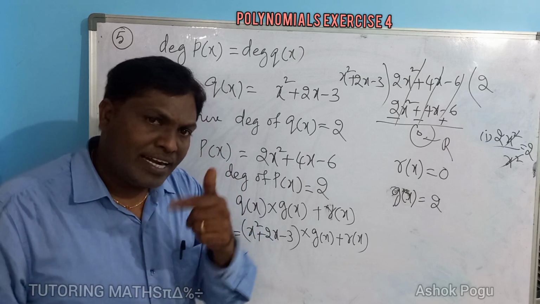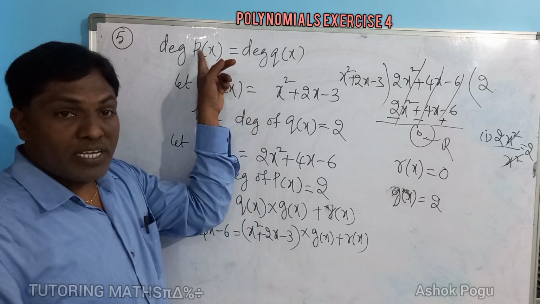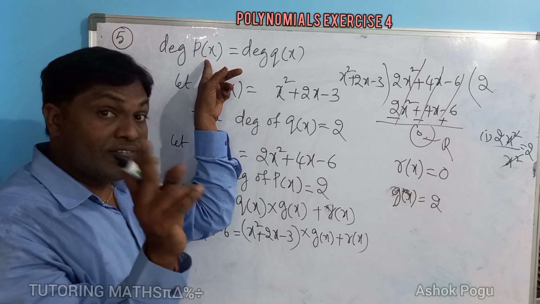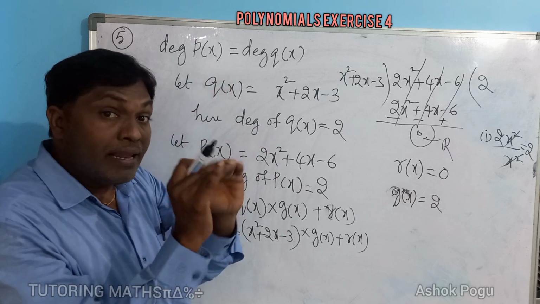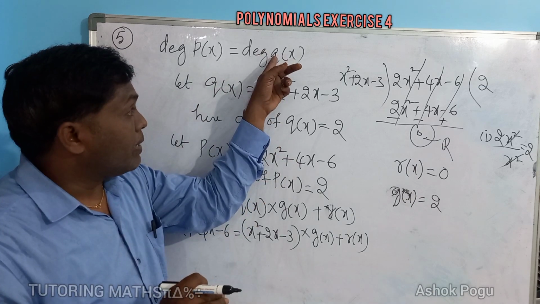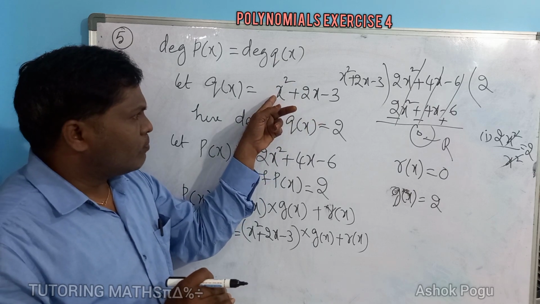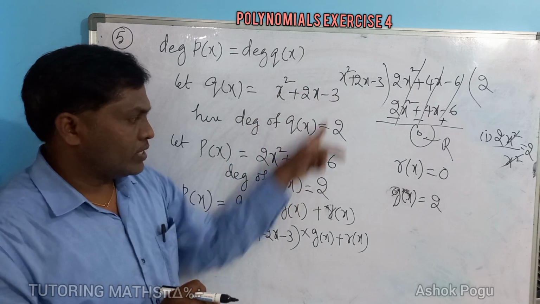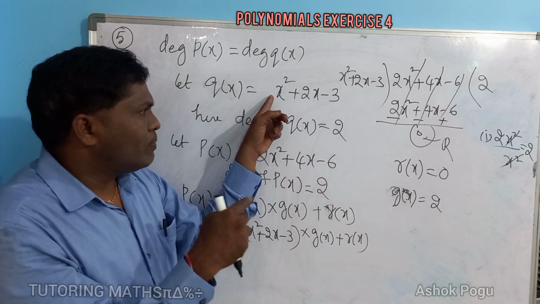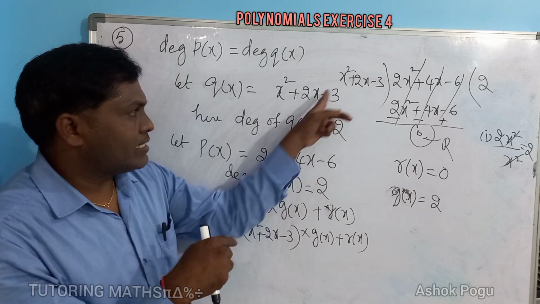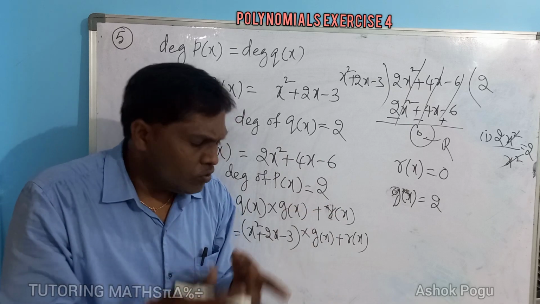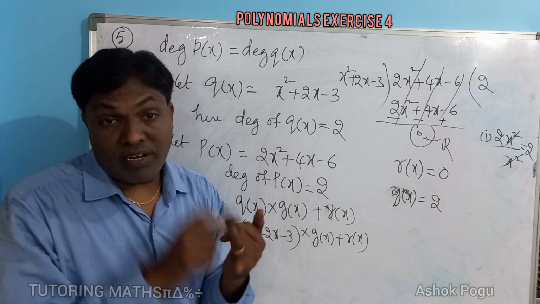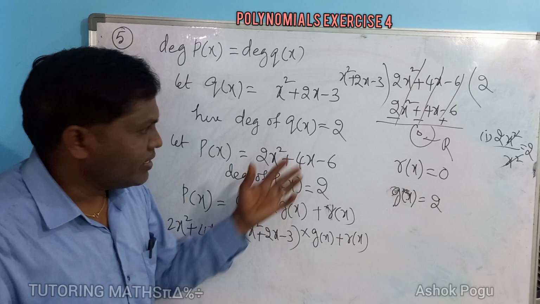Once again, I am reminding you, while taking p of x, the dividend should be a multiple of the given polynomial. Multiply by 2: 2 ones are 2, 2 twos are 4, 2 threes are 6. If you multiply by 3, it becomes 3x square, 3 twos are 6x, 3 threes are 9. That is your wish. You can take a multiple of 2, multiple of 3, like that. Okay, that's it.